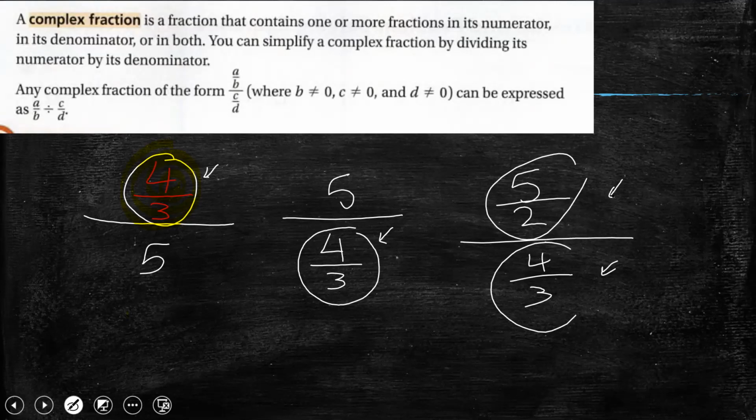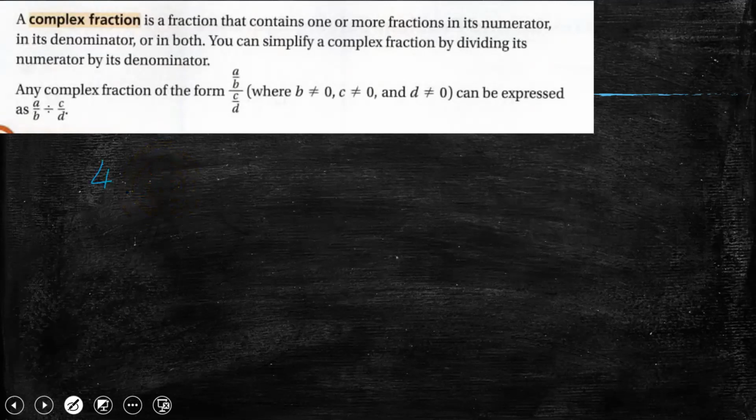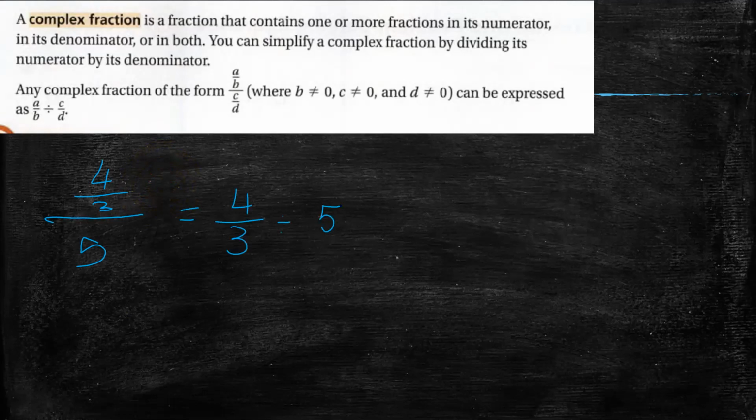Now, how do we solve them? Let's solve now the first one. If we have 4/3 as our numerator, over 5, how do we solve it? It's like 4/3 divided by 5. Is it right? Yes.